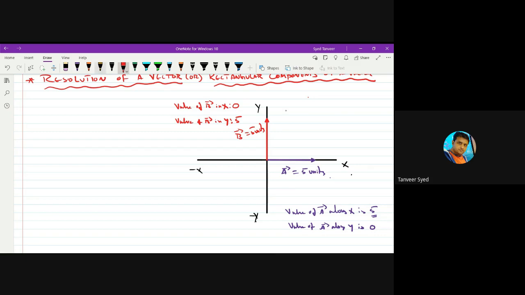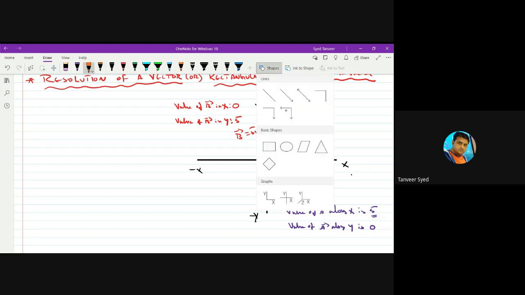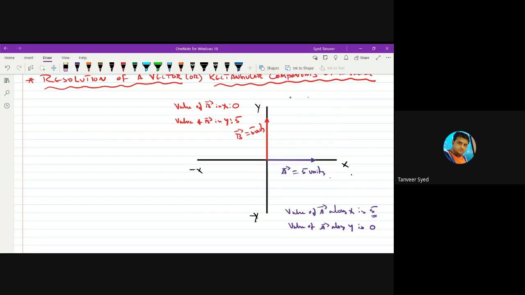Is this point clear? Yes. If I give you a third vector, which is vector C, also 5 units in magnitude, and its direction is like this, and ask you value of vector C in x direction, it is not 0. It has some value, right? Similarly, value of vector C in y direction is also not equal to 0.